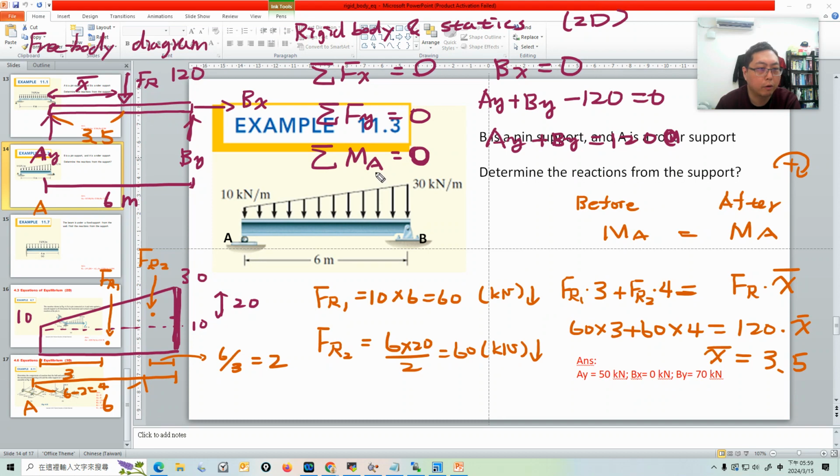And the final one, the resultant moment at the reference point is 0. The force Ay doesn't create any moment because there's no lever arm.